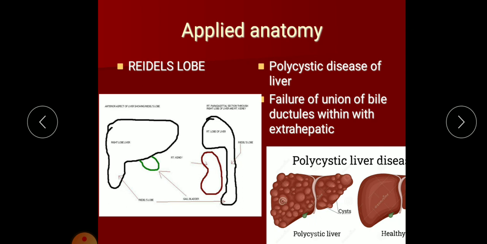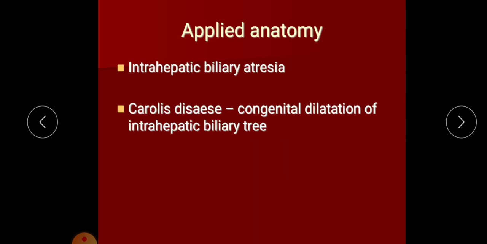Once this connection is not established, that would lead to polycystic disease of the liver. That is very commonly associated with polycystic disease of the kidney. That figure you are seeing here is the normal one. You are seeing a large number of cystic lesions in the liver. That is mainly because of this failure of connection between the intrahepatic and extrahepatic ductules.